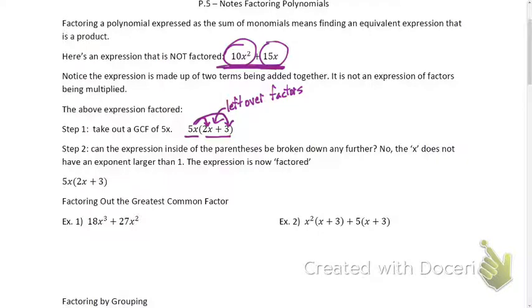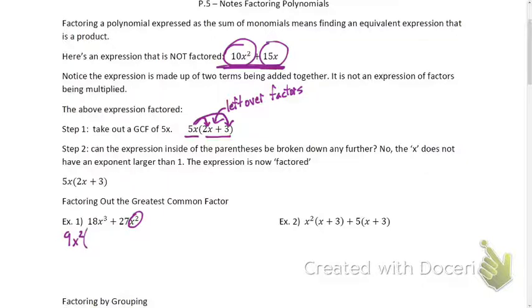So let's try it on number 1. Biggest number that divides into 18 and 27 is a 9. And then for x's, you go to the smallest exponent, which is x squared. They both have an x, that's vital. But then you go to the smallest exponent, so x squared.